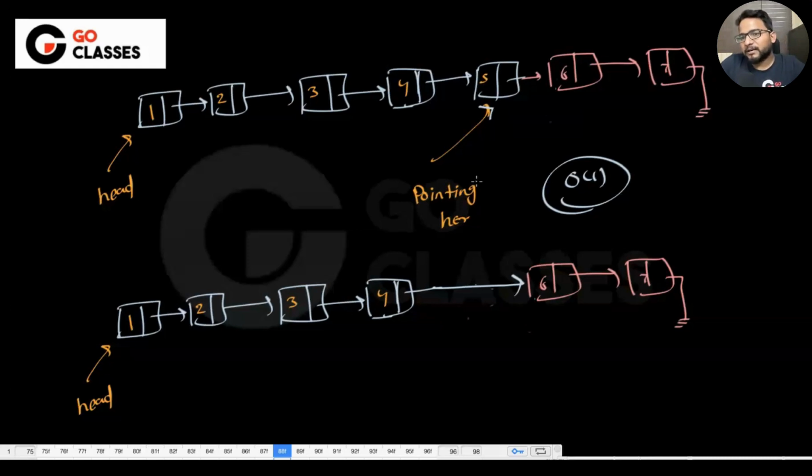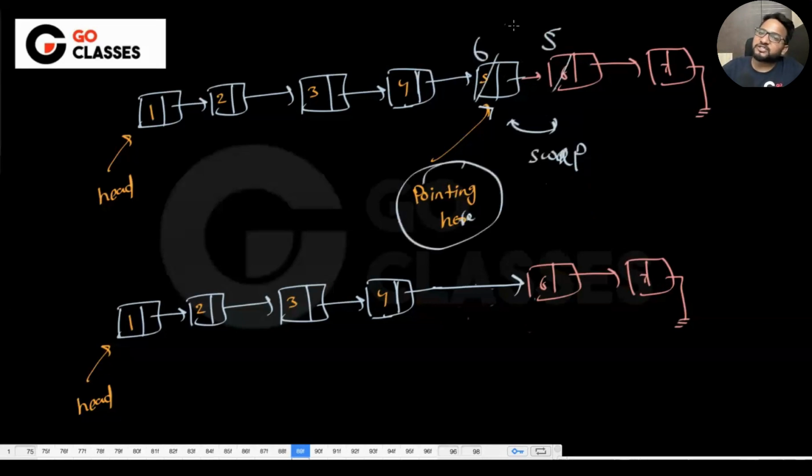The catch is a little tricky to think about: this linked list may not be having integers. Who told you that the linked list is having integers? Which means, who told you that this swap is taking order of one? This linked list in general may be having a big file.